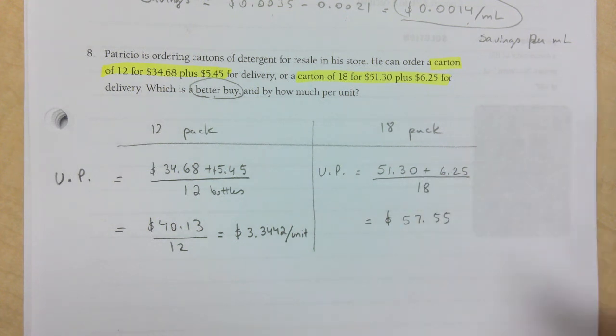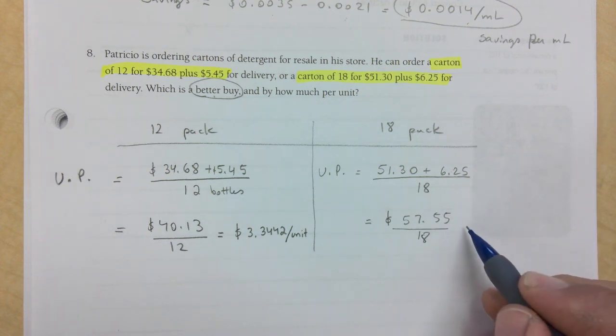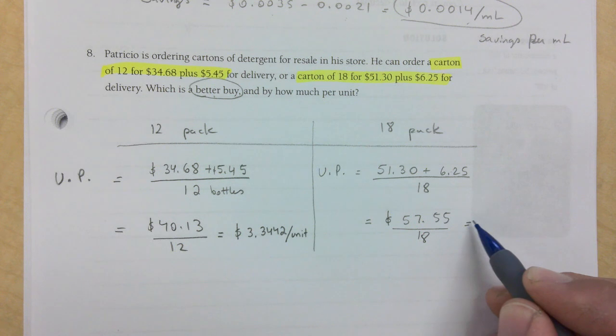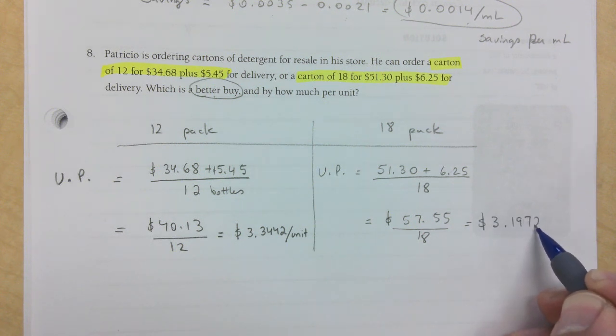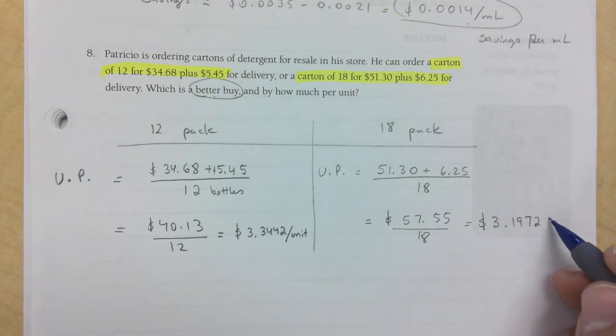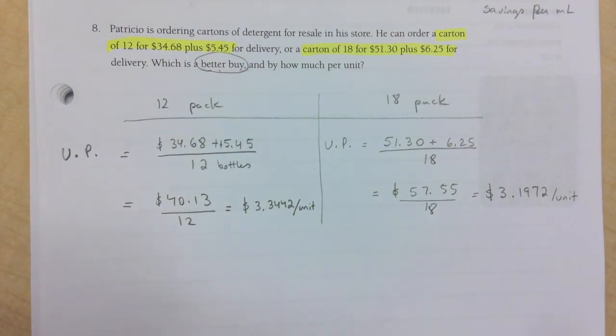So do that first separately, divided by 18, and that would give you $3 and 4 decimals. I just do 4 decimals per unit. So there's a side-by-side comparison considering the unit price, and they both include shipping, which you would have to pay for either one regardless. So you have to include that in your price per bottle.